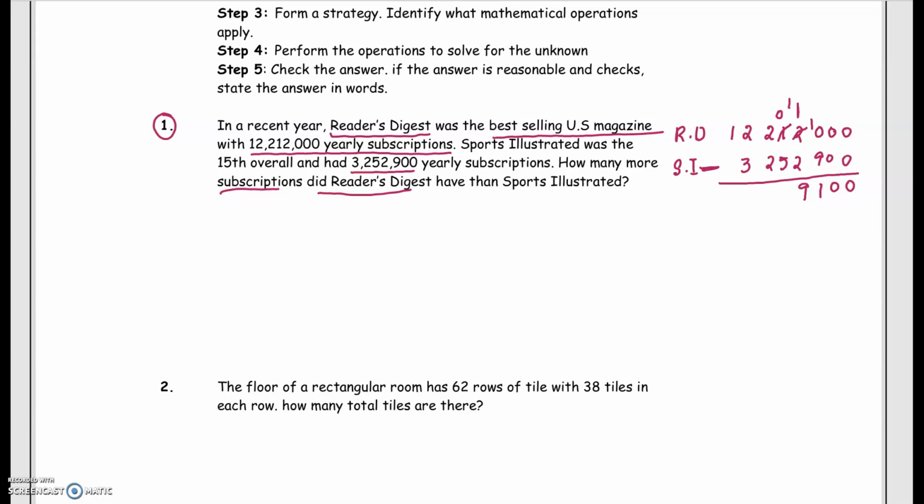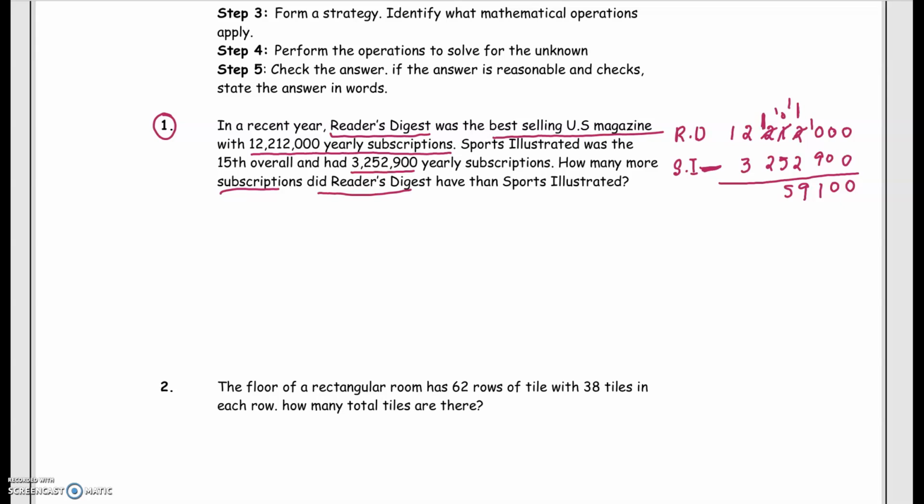Next we go 0 minus 5. You have to go in the exact same order. Don't switch the orders. So we have 0 minus 5, which cannot be done. So we borrow a 1. So that becomes a 10 minus 5, which is a 5.